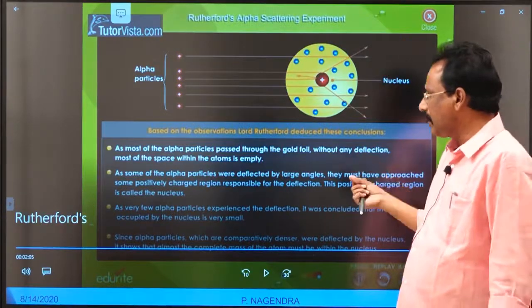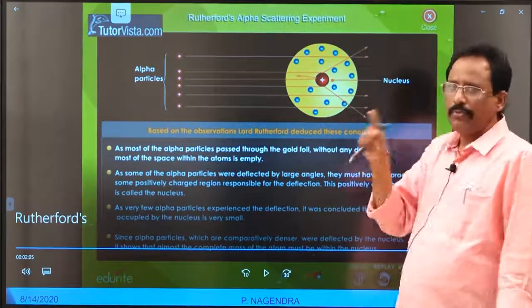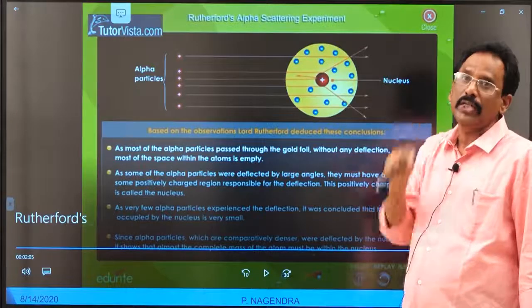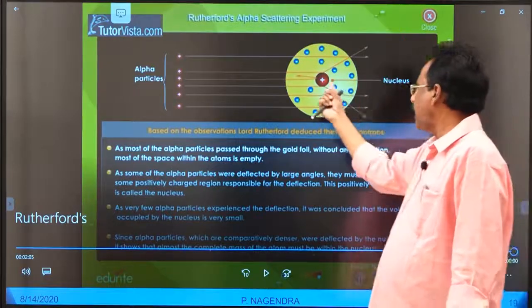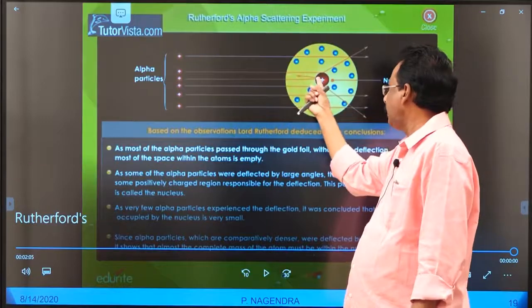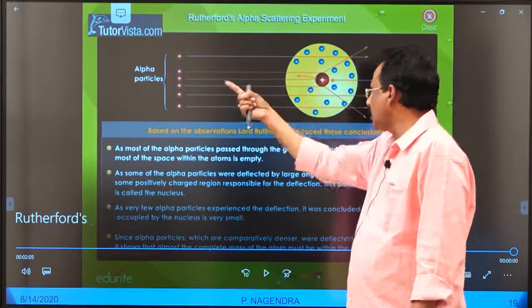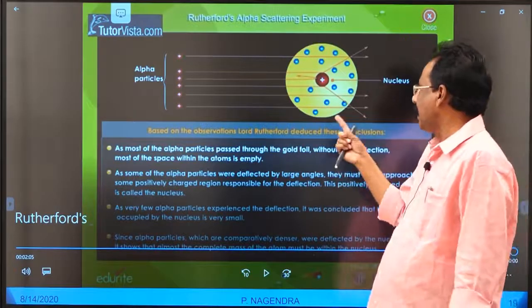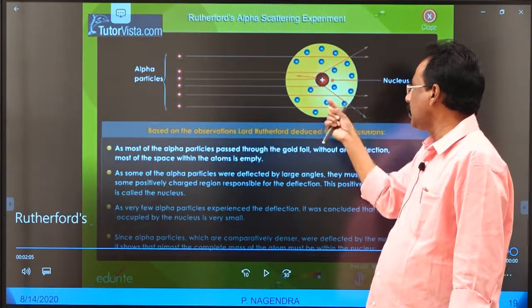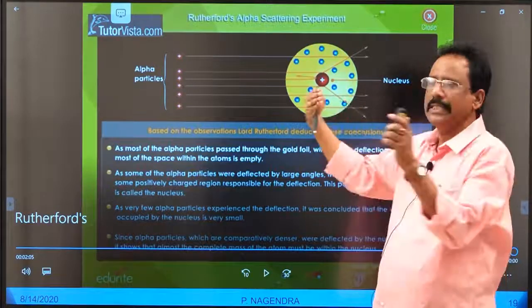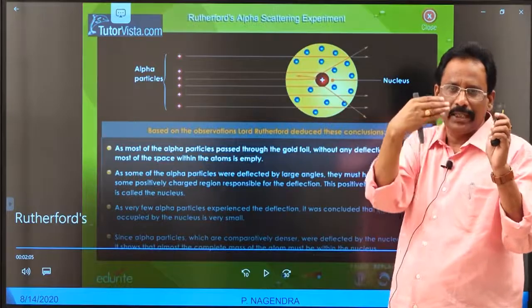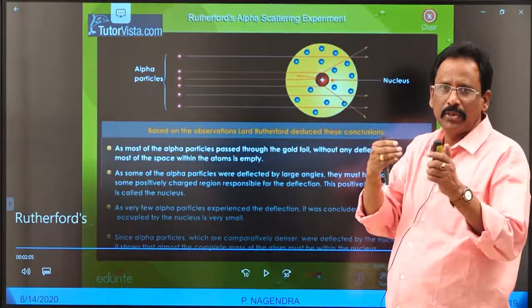And the third observation is that very few, 1 in 20,000 particles, are deflected back along their original path. This indicates that out of about 20,000 particles, only one particle directly struck the center part of the atom, that means the nucleus.